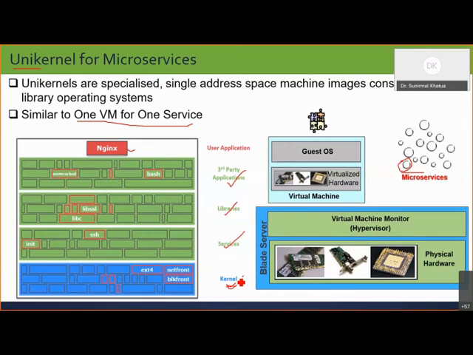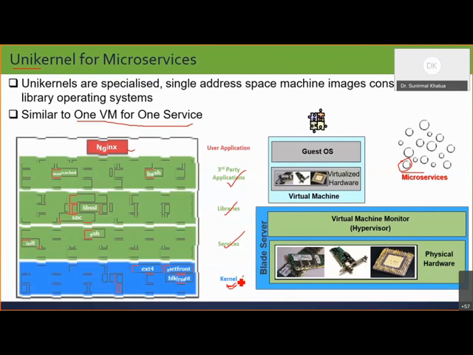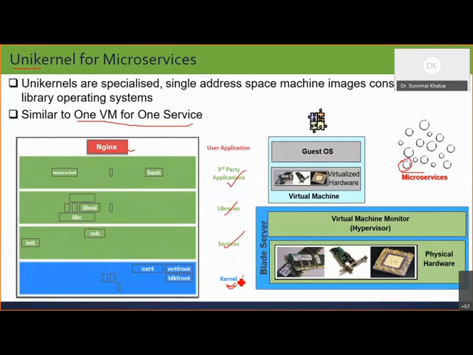Now, the concept of a unikernel is: can we create a specialized computer that contains kernel, services, libraries, and third-party applications, but only the modules that are needed? Remove all other modules that are not needed. And this computer will run only NGINX dedicatedly. It is not allowed to run any other application.